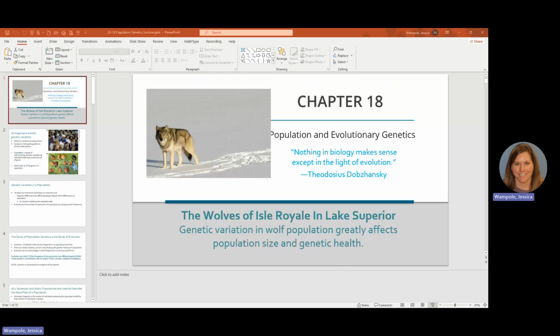What that means is the frequency in the population is 0.13, and as far as the actual population itself, it means that 13% of the alleles are S1.